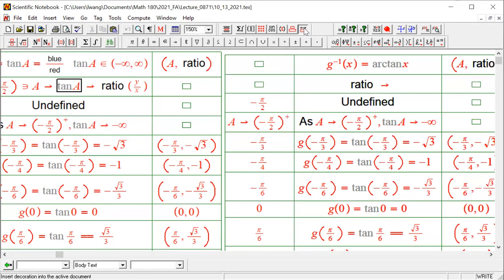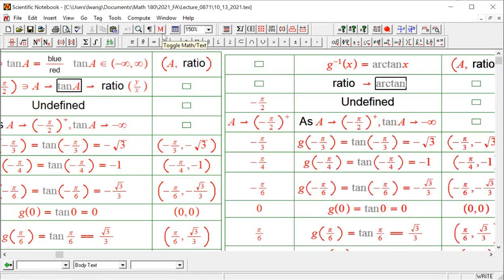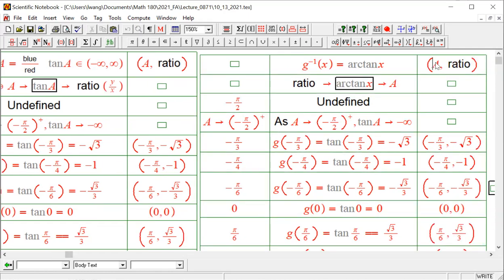To angle, right? Yes, from ratio to angle. So arctan X produces angles. So the swap, remember the swap we did, right? That swap implies all of these swaps we're gonna do.